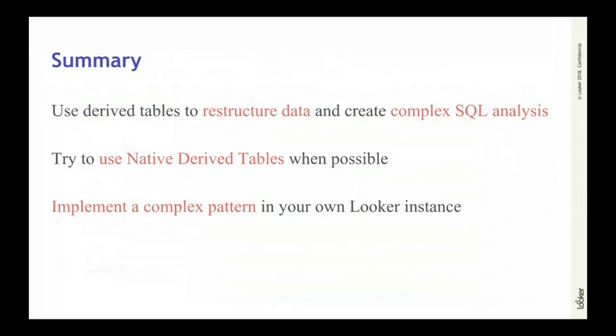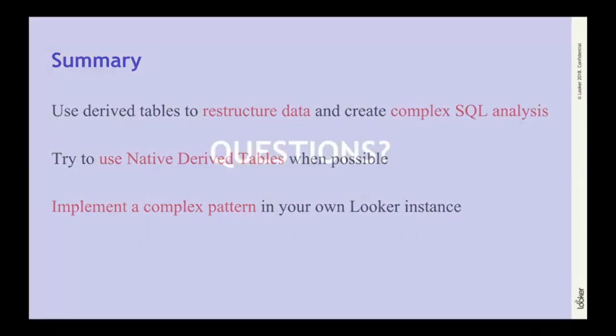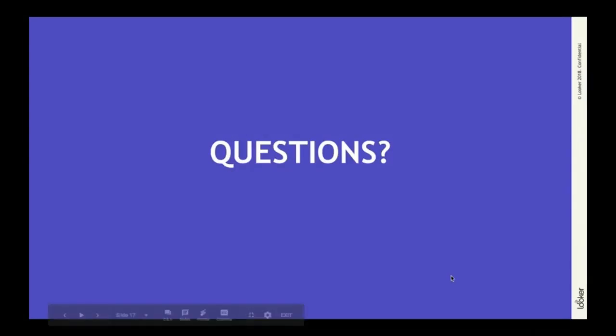There are several patterns available online. A couple that I'll call out are cohort analysis, and there's one on retention analysis that's really good. Try to implement a couple of those, and maybe you'll be able to translate those into a native derived table that you build into your Looker instance. And with that, let's open it up for questions.